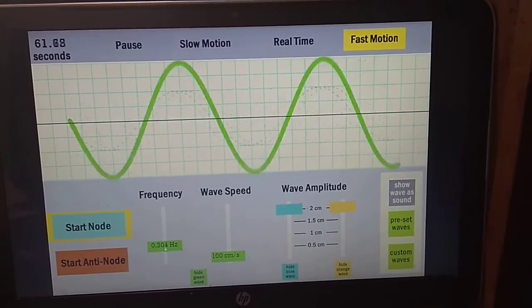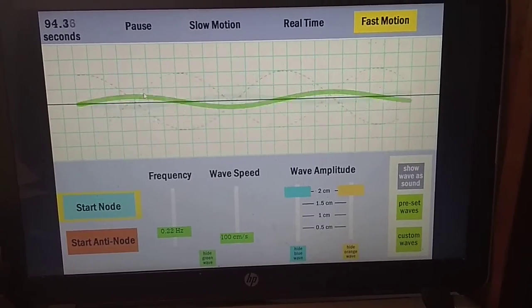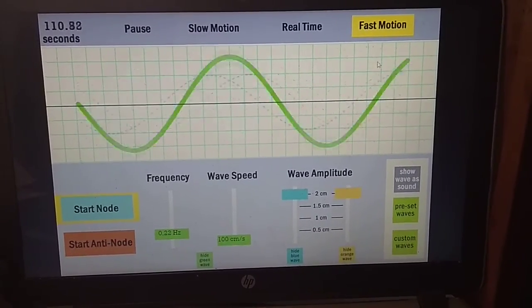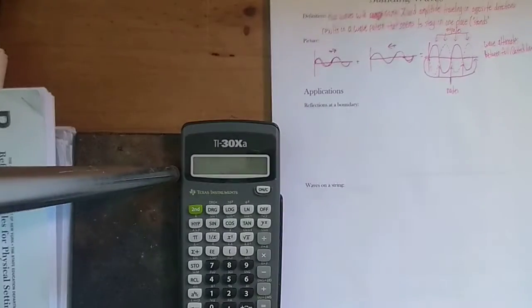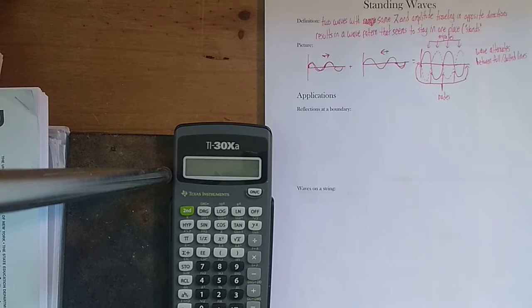If I change this, oh, okay, I see why. A standing wave also by definition, so okay, never mind, this is a bad example. We're just going to go back. I forgot that the simulation makes it a standing wave no matter what, even if you have one end that's flapping wildly. If this was actually on a string, that particular frequency would not look like a standing wave.